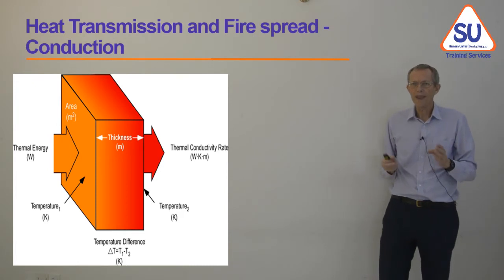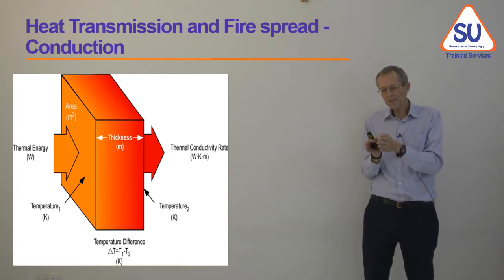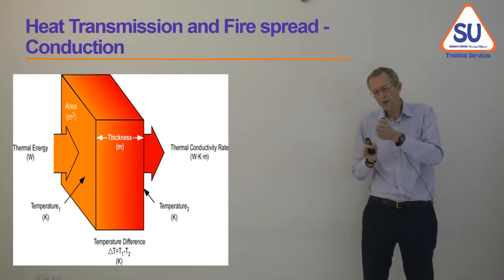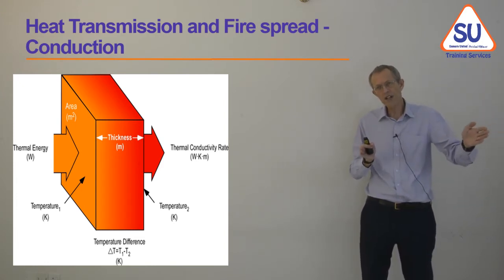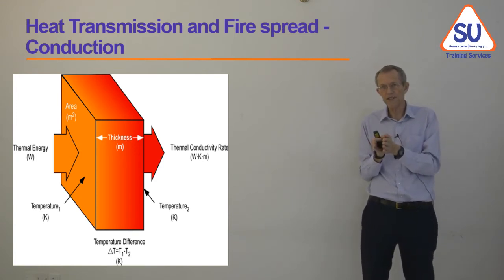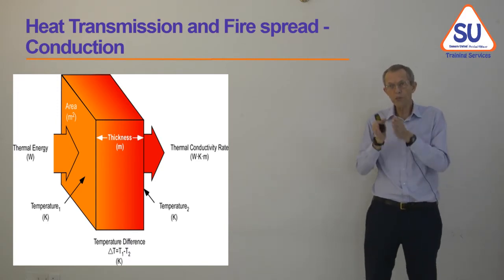So conduction. Let's say we have a piece of wall, and the amount of heat that comes through depends on whether the wall is thin or thick. If it's thick, very little heat will travel all the way through, or it will take a very long time for the heat to travel through. But if it's thin, it'll come through quickly. It will also depend on what the wall is made of.